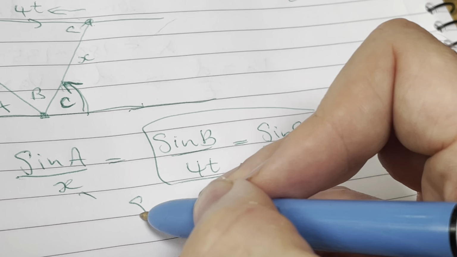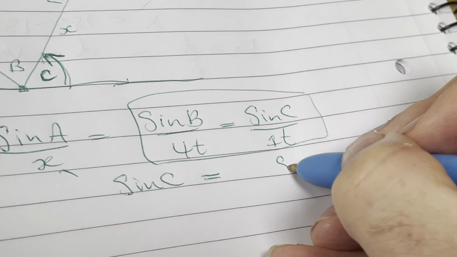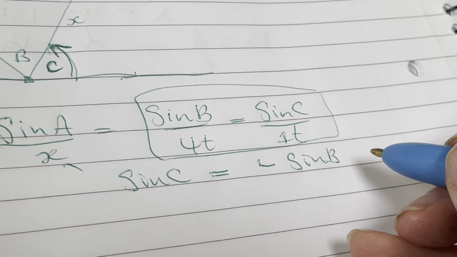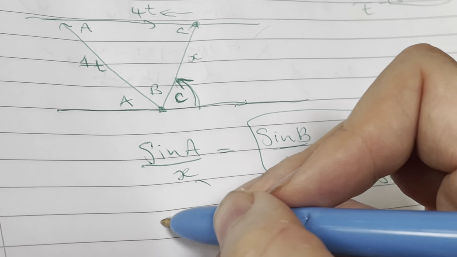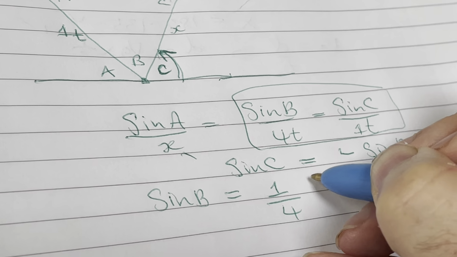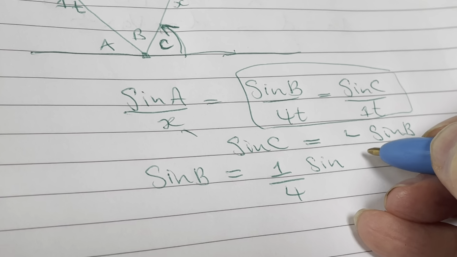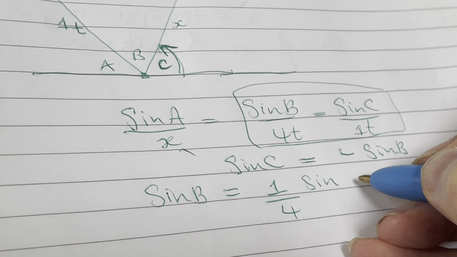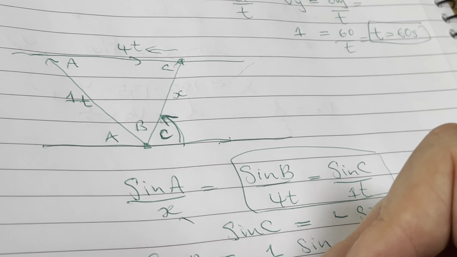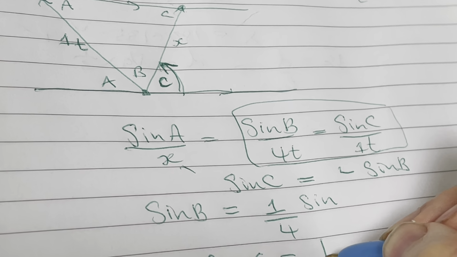Well, sine C now is going to be equal to sine B by, apologies, sine B is equal to a quarter of sine C. Have I got that right? I haven't. Okay. Sine C is equal to a quarter of sine B.